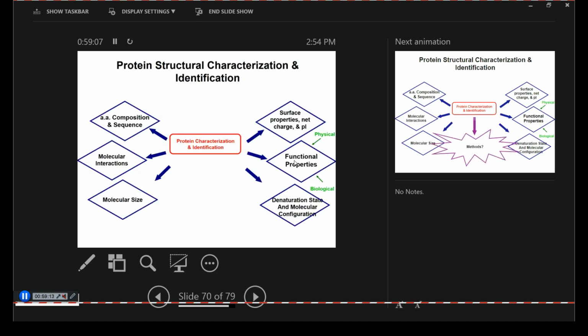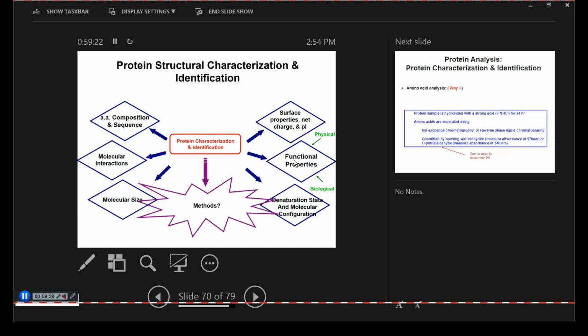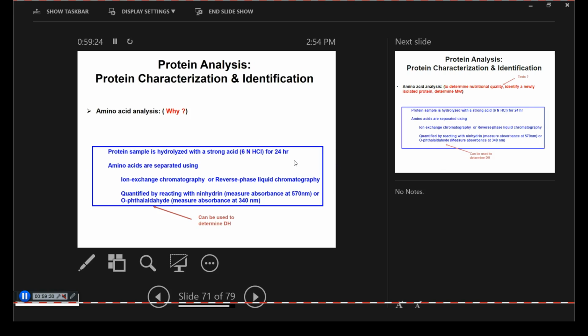Okay, other than structural characterization, there is the identification of the protein. Identification tools as well. This can be based on composition and sequencing of the protein. So we can do amino acid analysis. And why do we care about amino acid analysis?